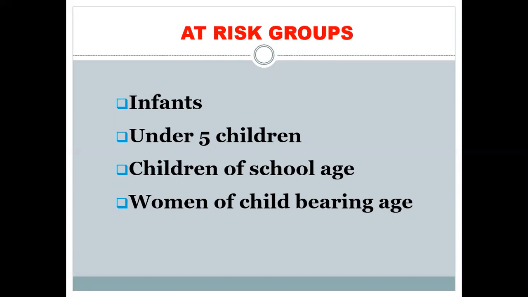Children of school age, because they like to eat foods that do not contain iron. They don't like meat and so on. And also women of childbearing age, because of the increased demand, because of blood loss in the menstrual blood flow, and also because of pregnancy.